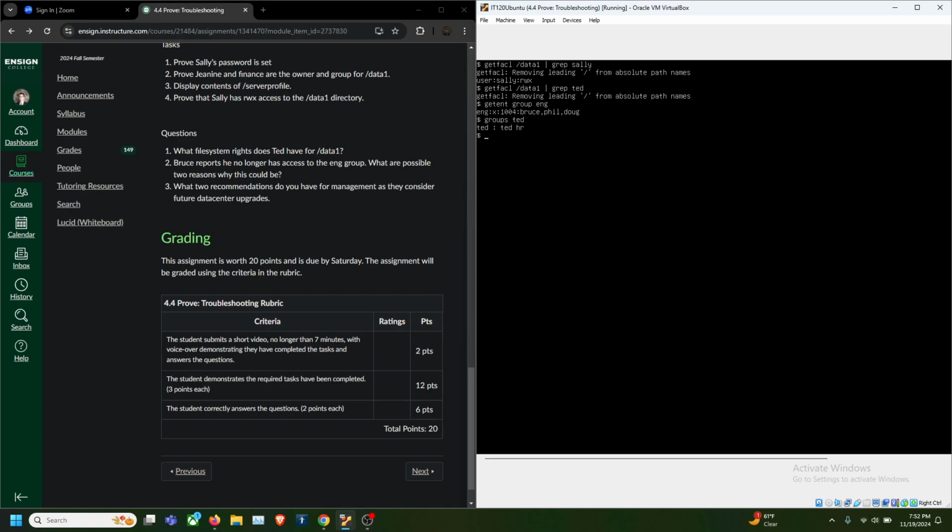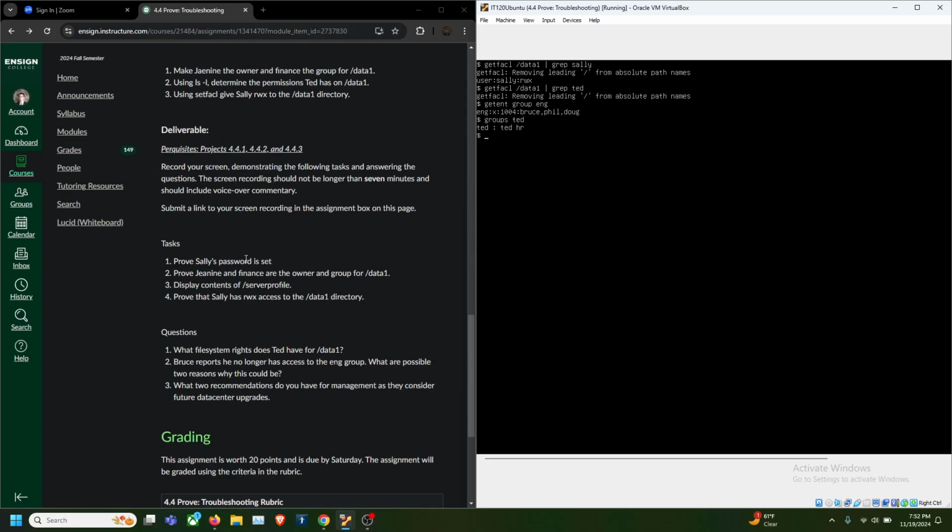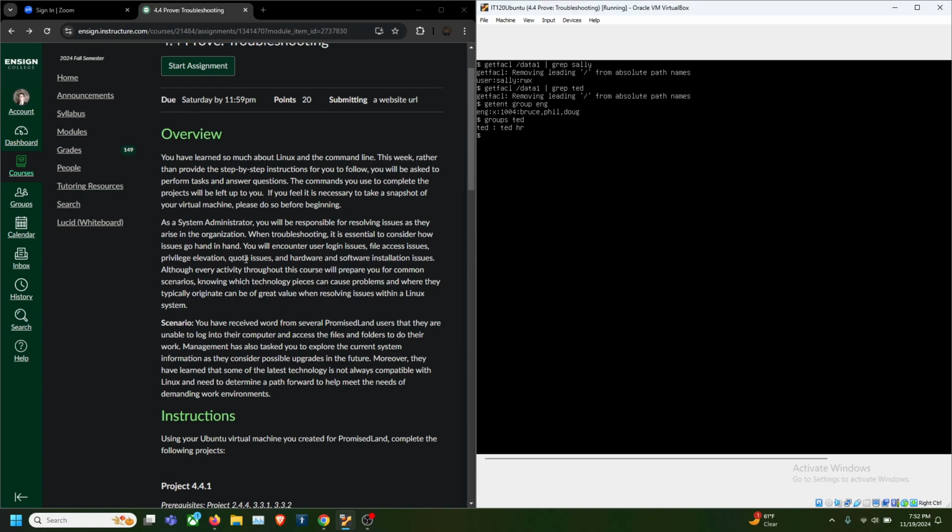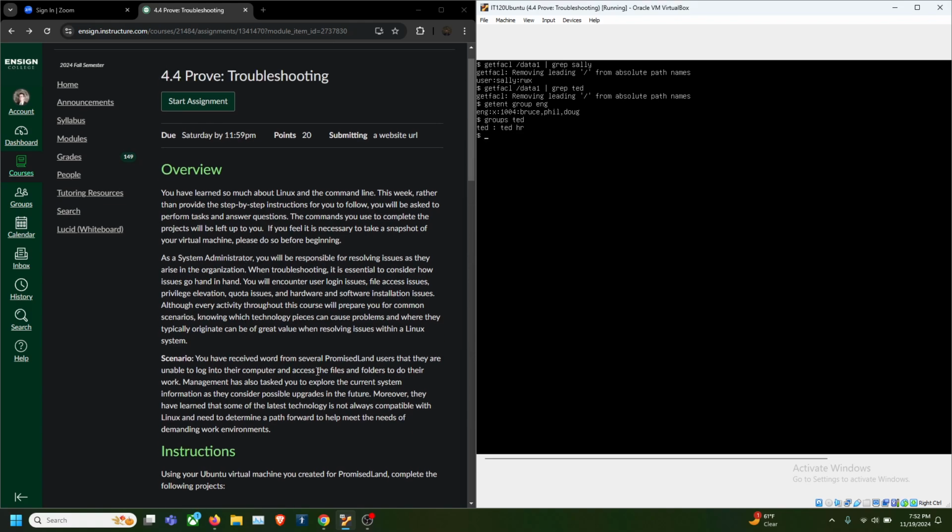And then the two recommendations for future data center upgrades. I know that here we talked about using updates, upgrades, and the latest technology. The latest technology is not always compatible with Linux.